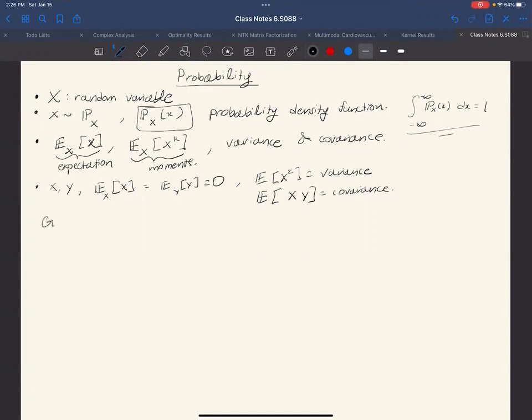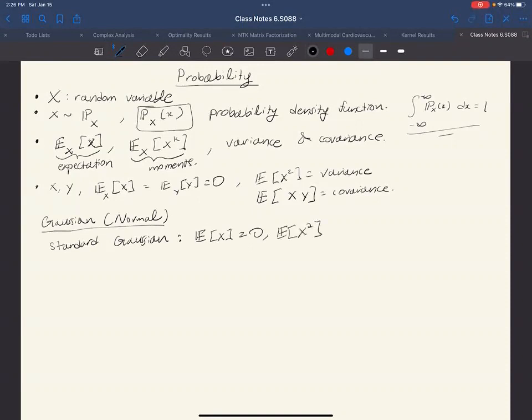So let's go to the Gaussian, or normal, distribution. Here I'm going to consider the standard Gaussian distribution, which is one with mean 0, so the expectation of X is just 0, and the variance is 1.